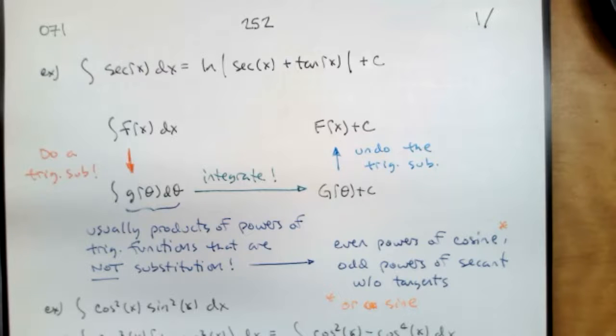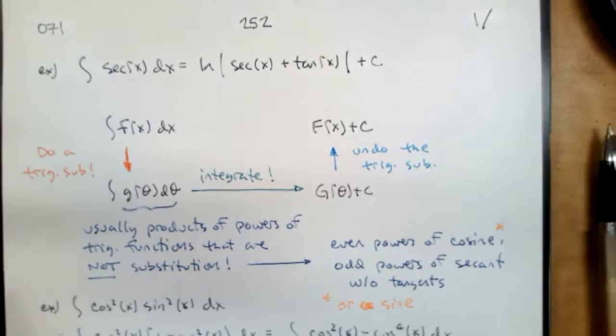Notice that odd powers of secant without tangents includes odd powers of secants with even tangents. But we're going to rewrite our expressions as odd powers of secants without tangents.